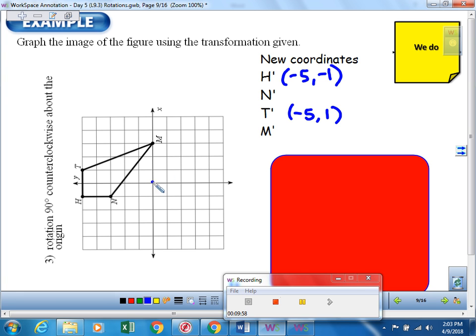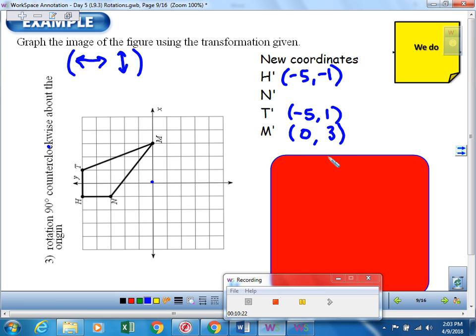Because from here, how many did you go over? You went over 5. Remember, you'd go left or right first, then up or down. And then we're going to do M. M would be 0. I moved over 0, up 3.